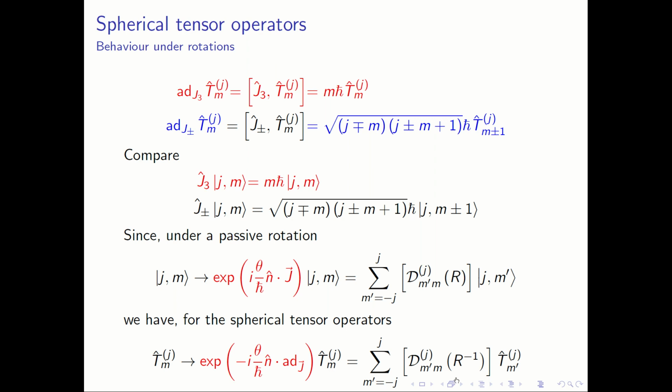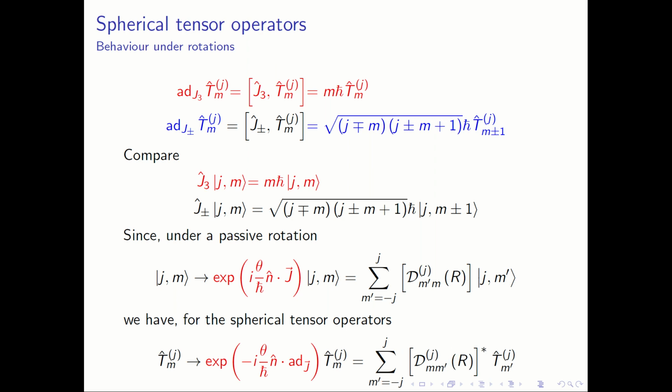That is the only change. Of course, because these matrices are unitary, d^j_{m′m}(R⁻¹) is actually the inverse of d^j_{m′m}(R), and because it's a unitary matrix, there is a small change between d^j_{m′m}(R) and this one. All that happens is you get a conjugation and a transposition, which means the m and m′ indices have been switched.